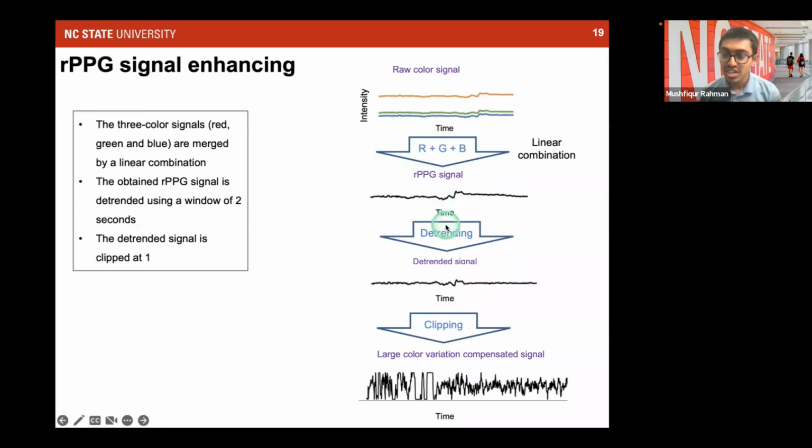Then we do detrending using a window of 2 seconds, and then we get a more robust signal. Again, this signal can also contain variation due to angle changes and changes of the brightness of the environment. So we discard the very large changes and keep only the variation that is periodic and small in nature.